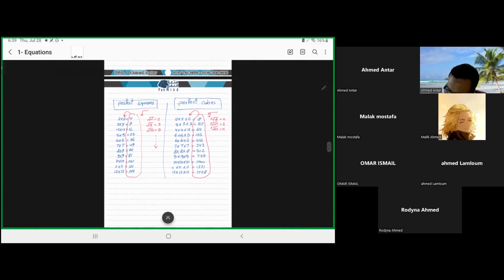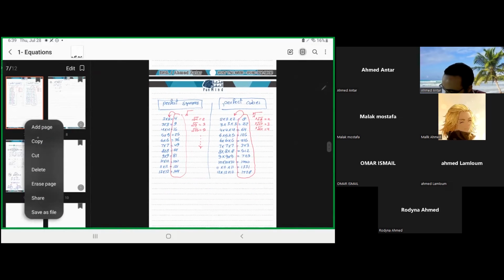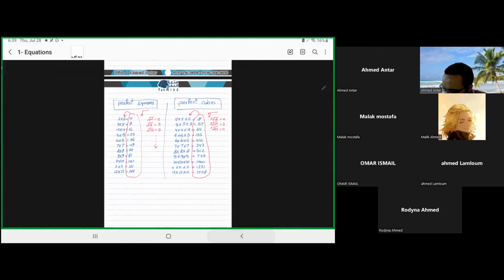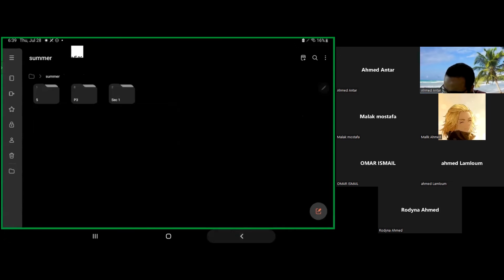These are the perfect cubes and the perfect squares. They are very important. You have to memorize them well.